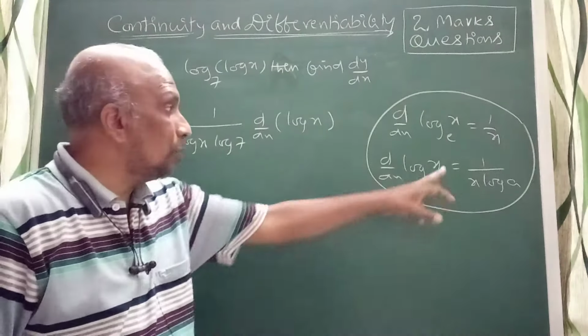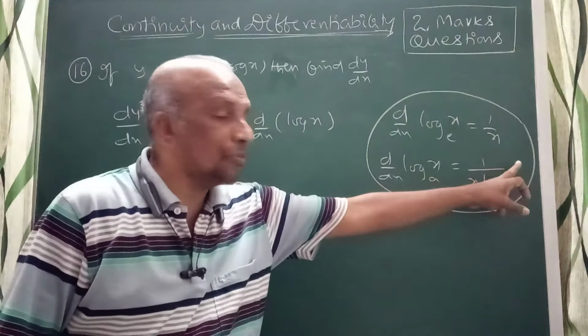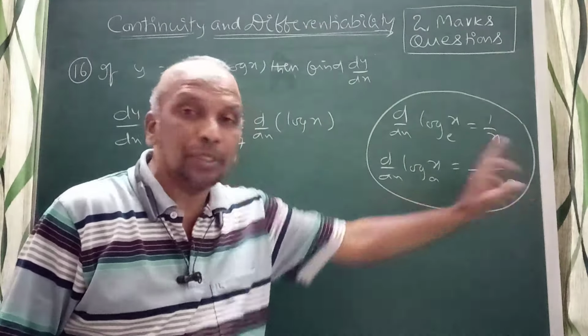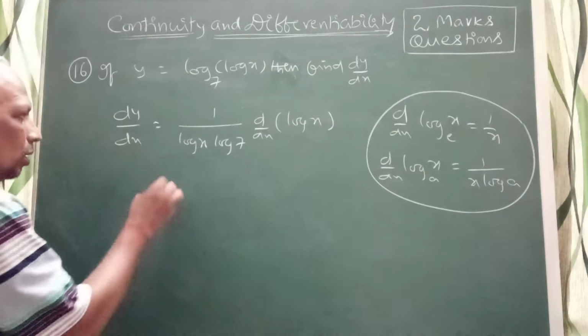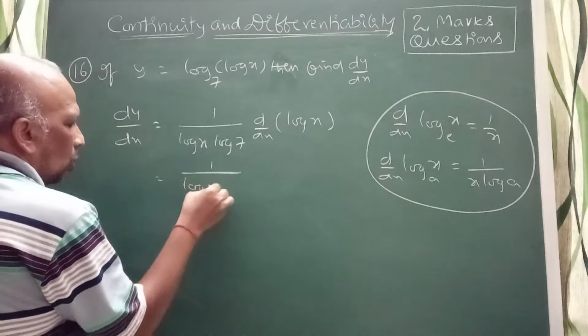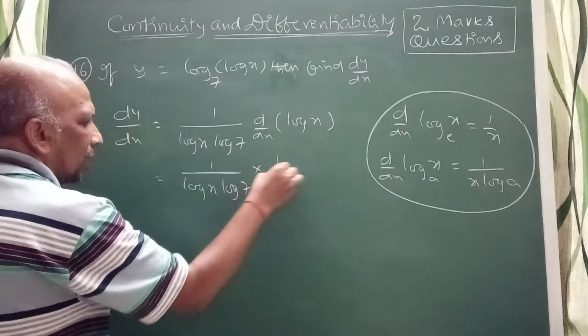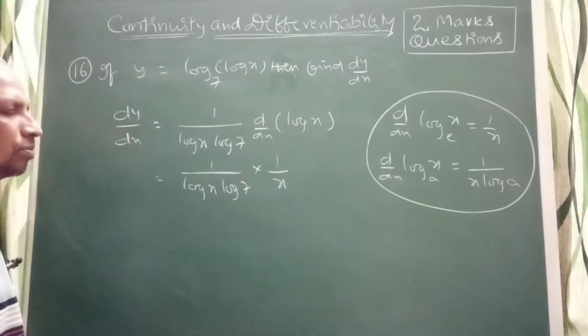Keep in your mind, in the place of x we have log x, so d by dx of x should be 1. That is the reason we have not written it here. I can write this as 1 by log x log 7. The derivative of log x is 1 by x. This will be your answer.